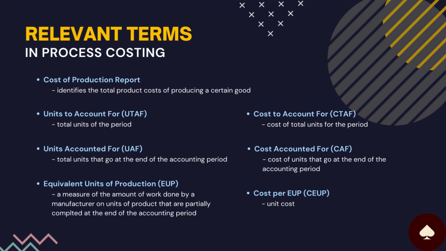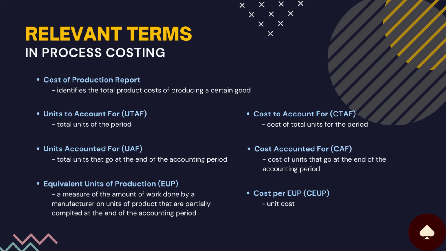Third, equivalent units of production. This refers to a measure of the amount of work done during a period, expressed in terms of fully complete units of output. To get the EUP, multiply the number of partially completed units by the percentage of the process completed. Fourth, cost to account for. Basically, this is just the cost of units to account for, which consists of the cost of beginning work in process inventory, as well as the cost added during the period.